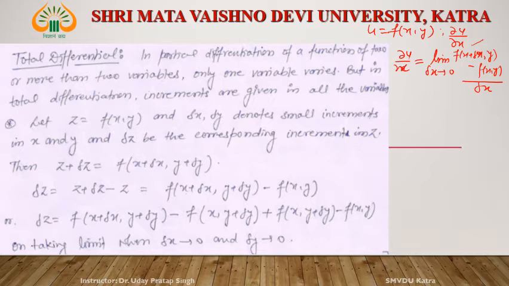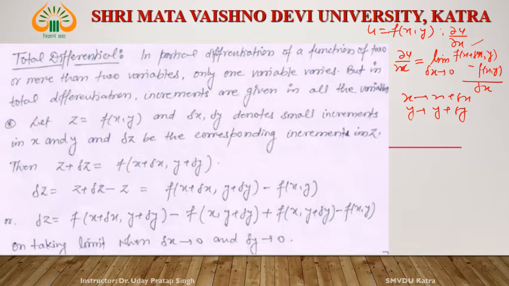What are we doing in total derivative? In total derivative, if the function is of two or more variables, then all the variables x, y or x, y, z, right, all the variables vary with a small increment, right? Then x changes to x plus Δx, y changes to y plus Δy, and taking the limit Δx, Δy tending to 0, right?